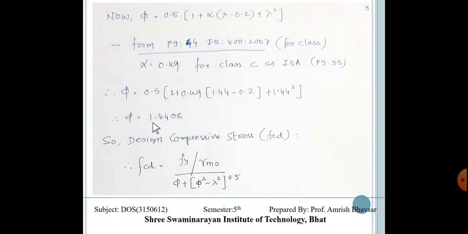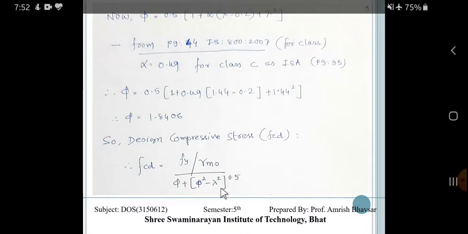Now we have this phi, so we will calculate our FCD, because for FCD we have this kind of equation. For that we have to find out alpha, phi, lambda, each and every thing. So let's start.